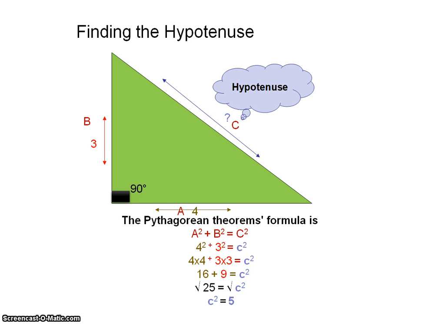Let's do practice. First, we're going to write the Pythagorean theorem, which is A square plus B square equals C square. If A is 4 and B is 3, so 4 times 4 is 16, 3 times 3 is 9, and 16 plus 9 is 25.